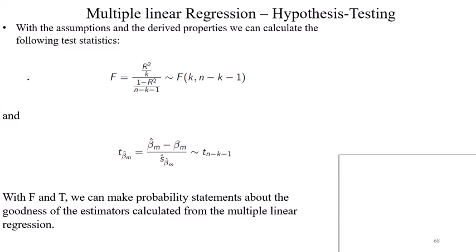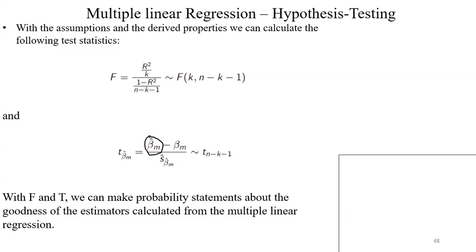That we have our parameter beta hat, which we have calculated from our multiple linear regression. We have a corresponding error, which we have calculated.